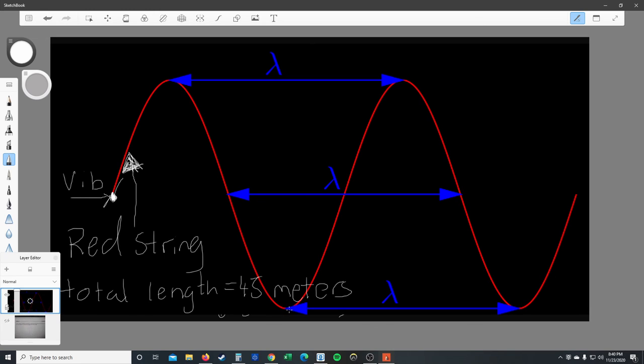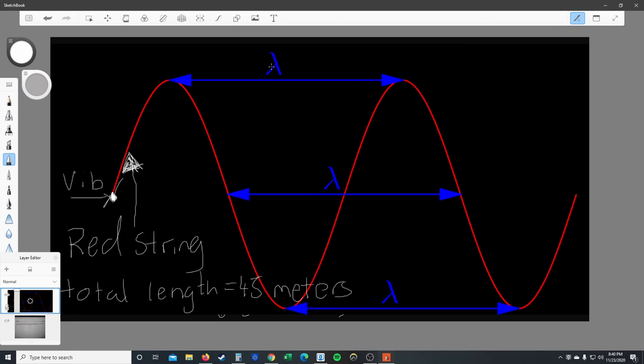You can take that from the bottom as well, and they'll all equal the same wavelength in a perfect scenario, assuming no energy is lost and the whole wave is propagating consistently.